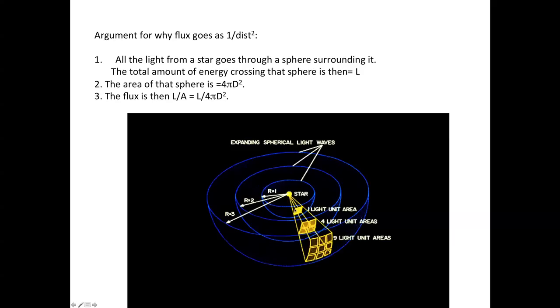That means that as we go 3 times farther away, the light is diluted by a factor of 9. So the flux, which is luminosity per unit area, or energy per unit area per unit time, goes as 1 over the distance squared. The actual equation for the flux is the luminosity divided by the area of that sphere, or L over 4 pi d squared. So the thing to remember is that the flux drops as 1 over the square of the distance.